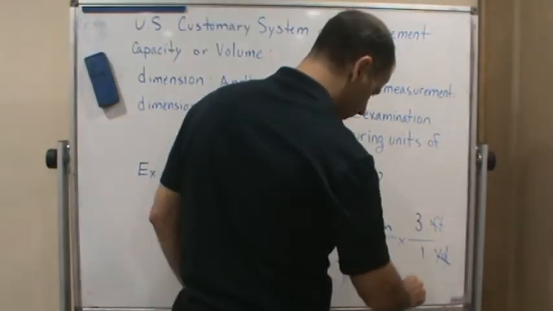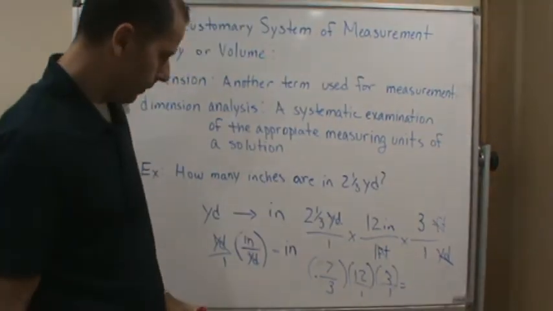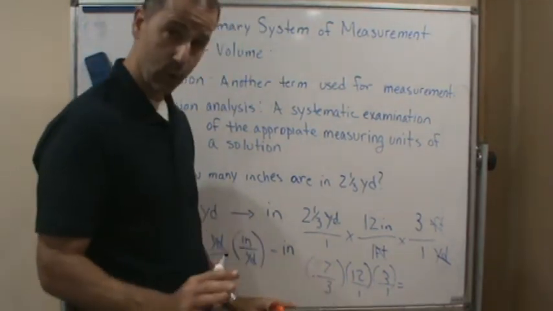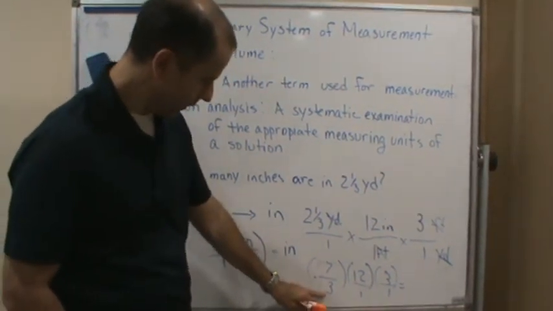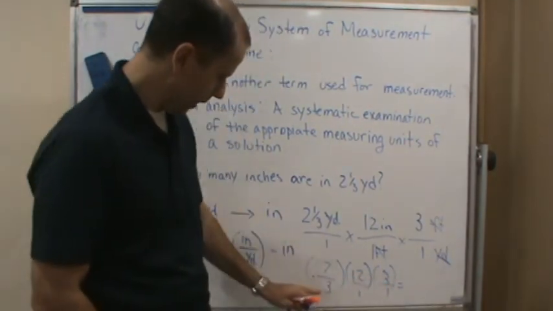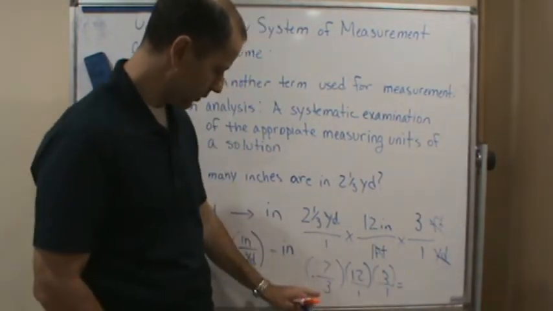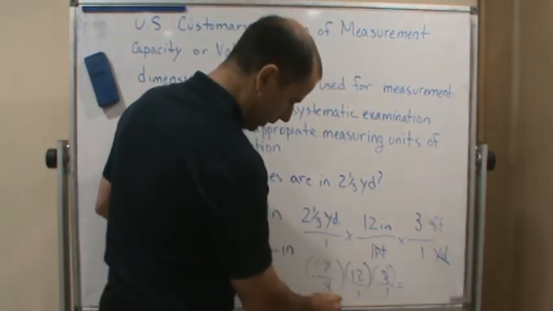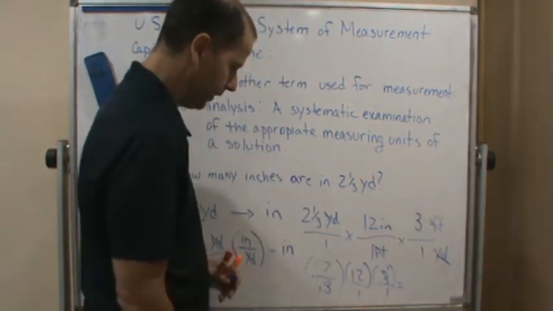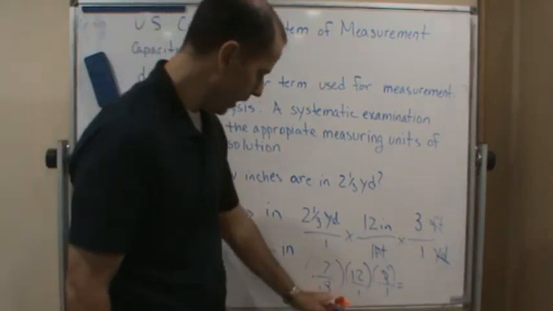So if we do that, what do we get? By the way, before we do that, notice that we can cancel things. This 3 on the bottom can cancel with this 3, because they have a greatest common factor of 3. So 3 divided by 3 is 1, and 3 divided by 3 here is 1. That leaves 1 on the bottom.